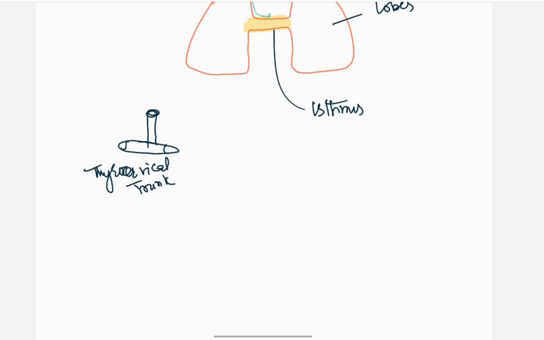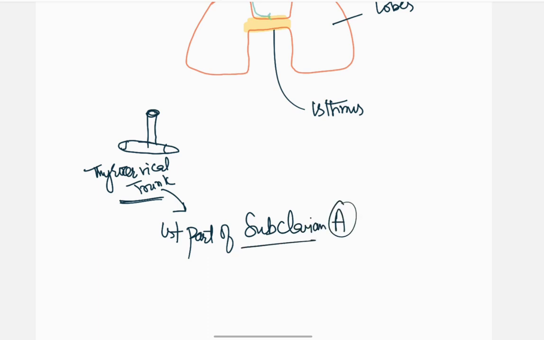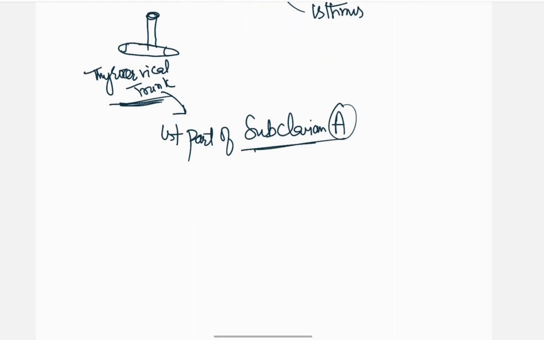And for your kind information, this thyrocervical trunk arises from the first part of the subclavian artery. I hope you are not having any confusion regarding this. I will just clear your confusion regarding this.